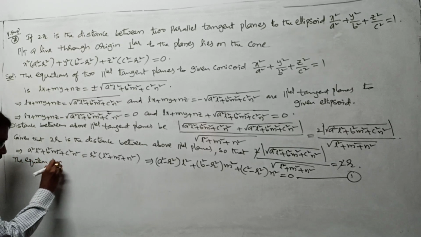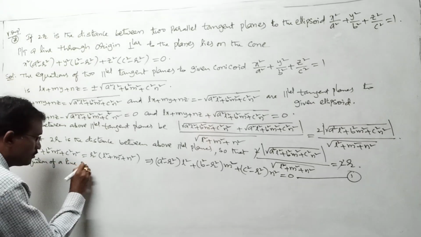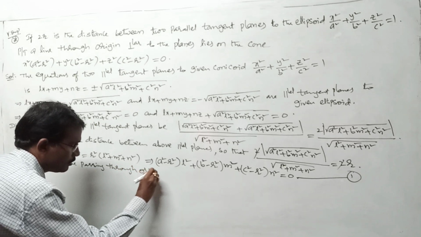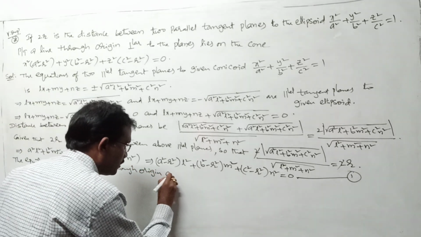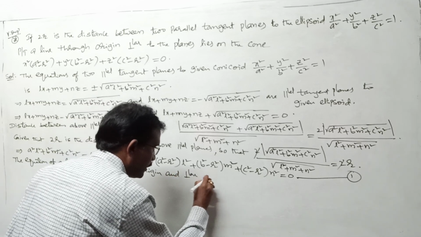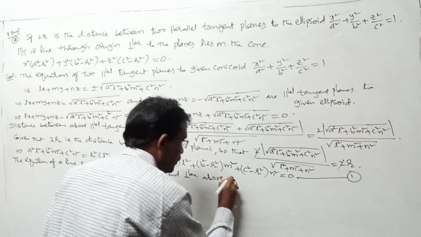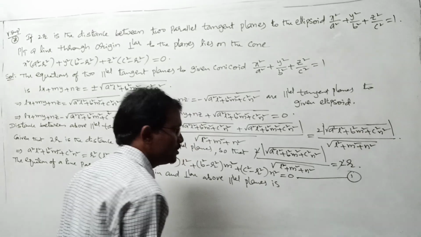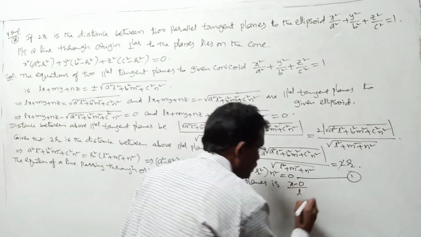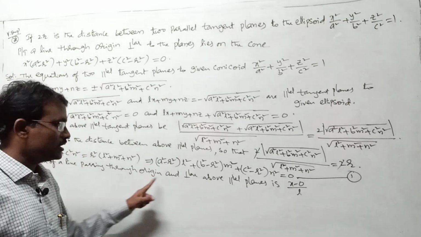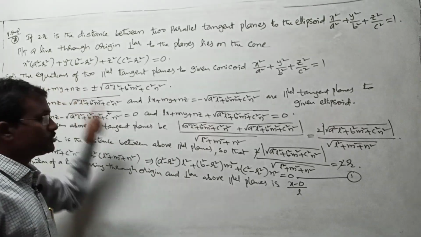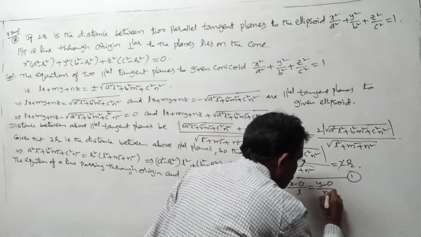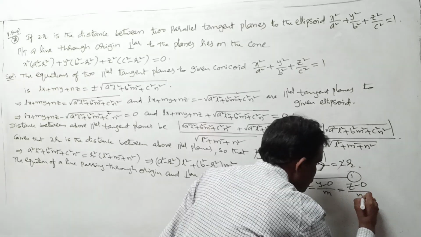The equation of a line passing through the origin and perpendicular to the above parallel planes is, what is that? x minus 0 by l, because 0, 0, 0 is the point, the origin, and perpendicular to the parallel planes means l, m, n are the direction ratios of the line. x minus 0 by l is equal to y minus 0 by m is equal to z minus 0 by n.